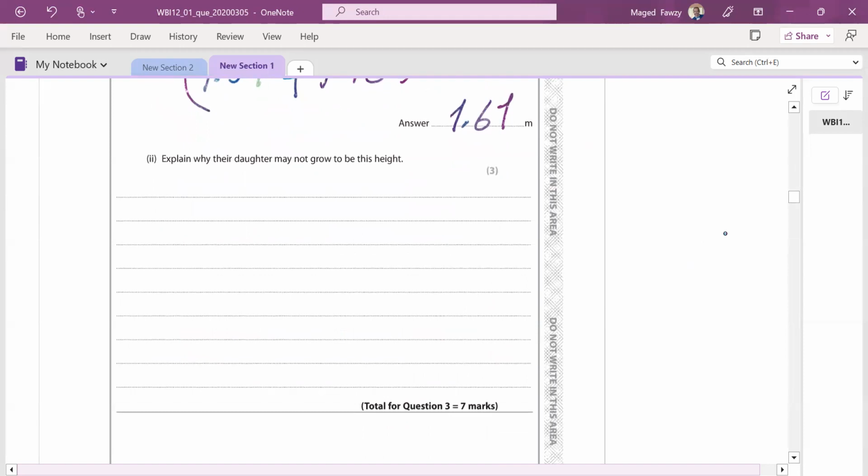Explain why their daughter may not grow to be this height. Try to explain this. And we will explain this based on our understanding of continuous and discontinuous variation. Height is a characteristic affected by not the genes only. Muhammad Ahmed, is it affected by environmental factors or not?